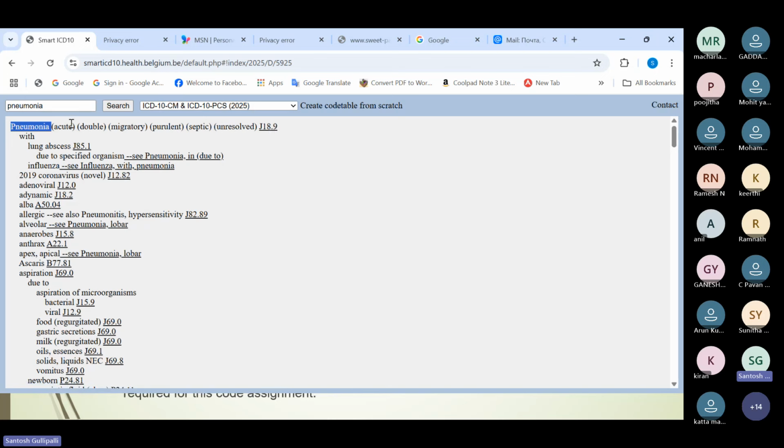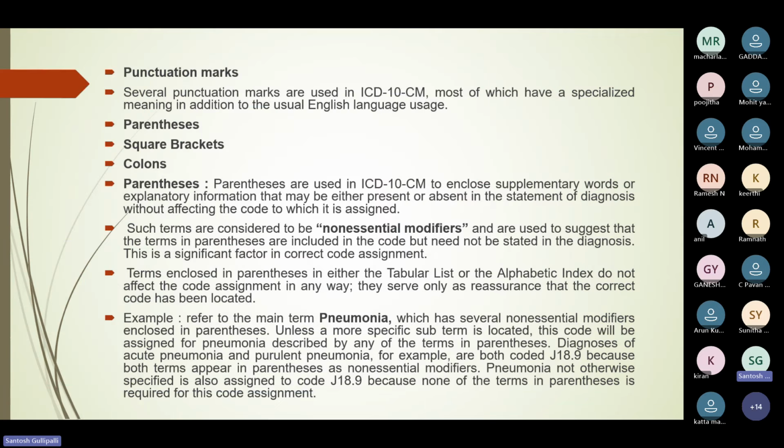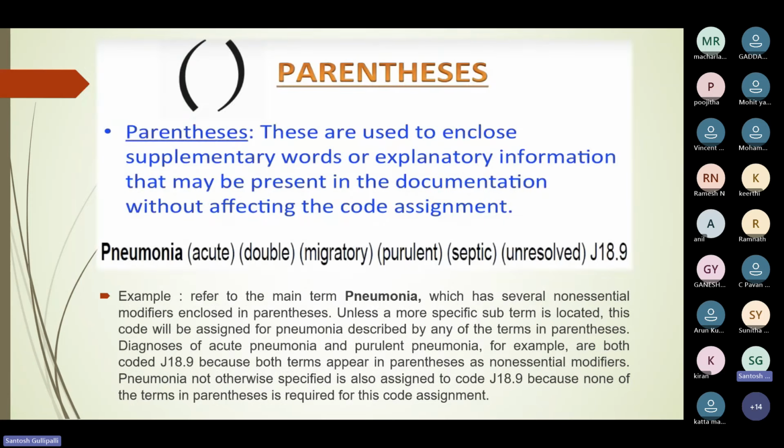If double pneumonia is documented, you can use the same code. If migratory pneumonia is documented, you can use the same code. So non-essential modifiers are the terms in parentheses, meaning these type of brackets.